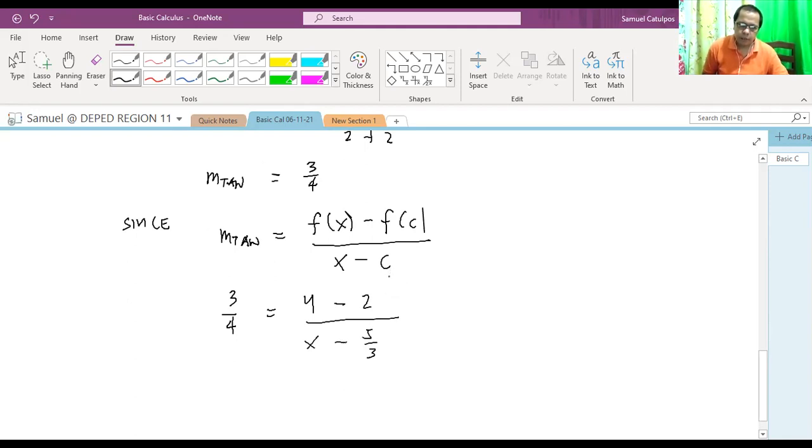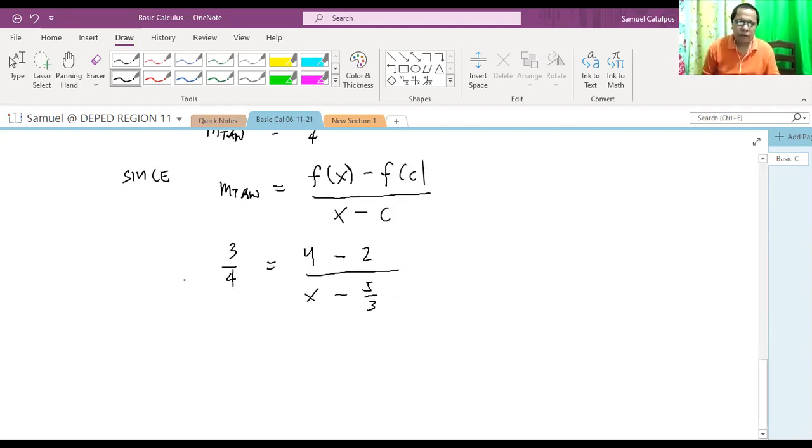Remember, si c is 5/3. Okay. So then, so yung next nga buhaton. Realign lang na to, no? Y minus 2. Walay siyang rearrange. Y minus 2 is equal to 3/4 times x minus 5/3.